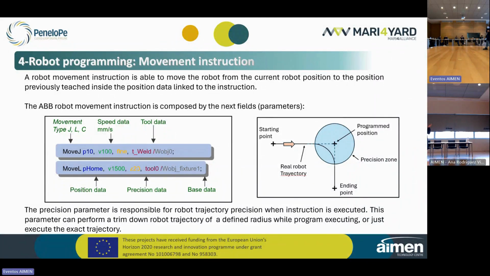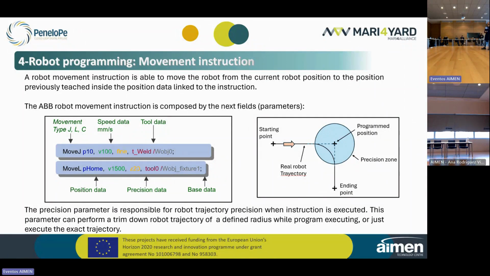Here is the name of this speed data. One is V100 and the other one is V1500. Inside of this data is a couple of numbers describing the velocity and the acceleration of the robot to reach one position.